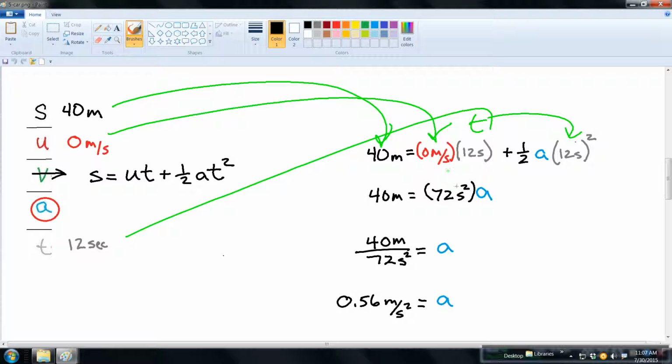And we do the math, and we find that it ends up being 40 meters equals 72 seconds squared, solving for A. And we end up with meters over seconds squared, which is good because that's what we want. We want acceleration in meters per second squared, and we find that this car is accelerating at 0.56 meters per second squared. Okay, not too much of an acceleration.